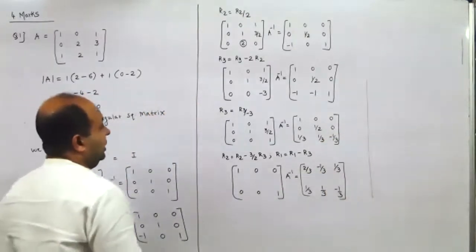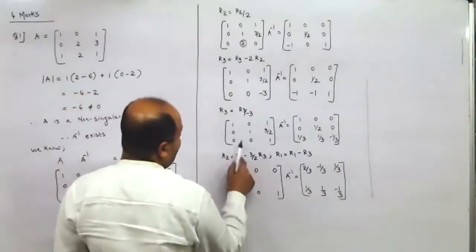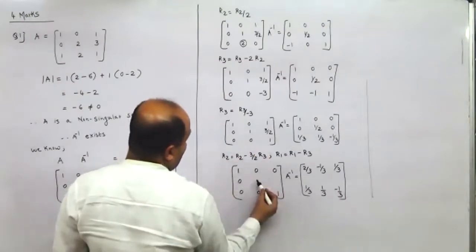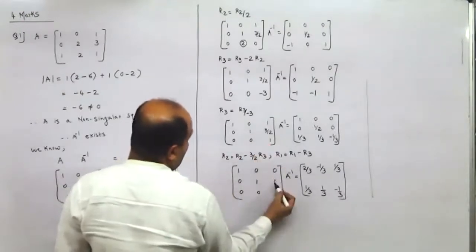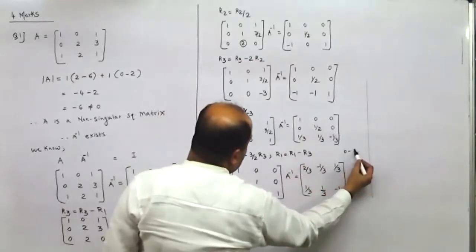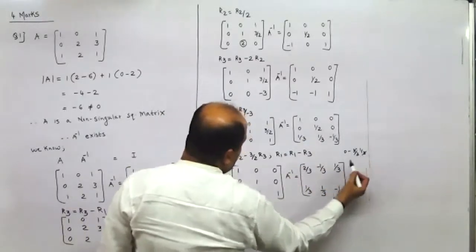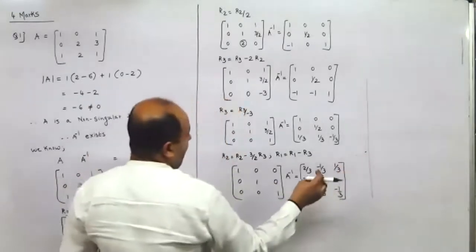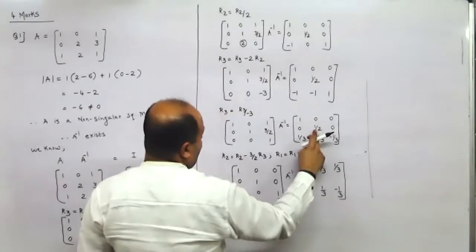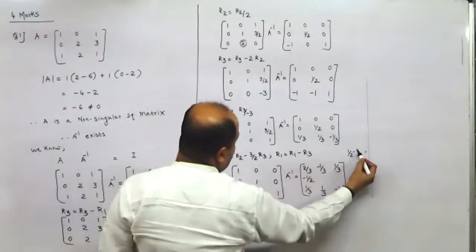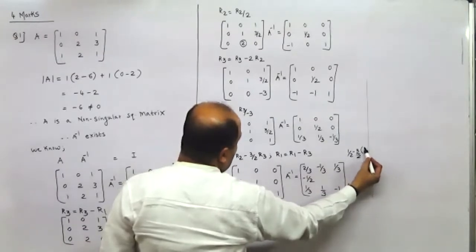Next. R2 minus 3 by 2 times R3, 0 minus 3 by 2 times 0, 1 minus 3 by 2 times 0, 3 by 2 minus 3 by 2 times 1, 0 minus 3 by 2 times 1 by 3. So 0 minus 3 by 2 times 1 by 3, so it is minus half. Then 1 by 2 minus 3 by 2 into 1 by 3.